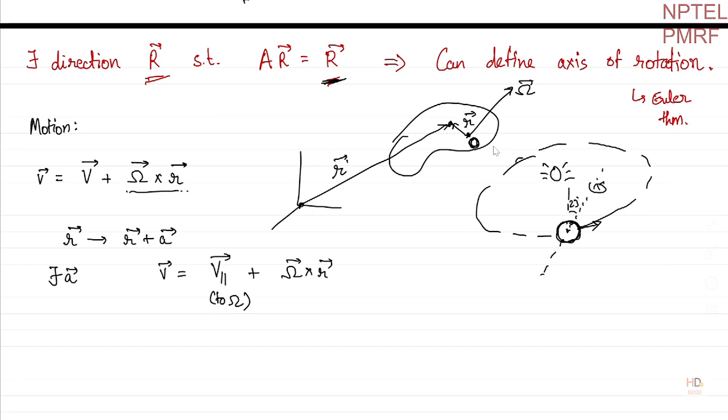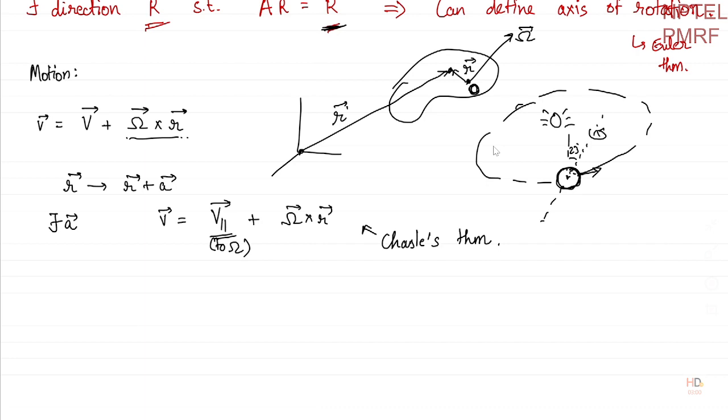So you can imagine there must be a point somewhere, could be inside the earth or outside, from which momentarily the velocity looks parallel to your omega. Okay, and this was your Chasles' theorem, right? And we should keep in mind that this can change. Even omega itself can change with time. So this is at a given time, right?